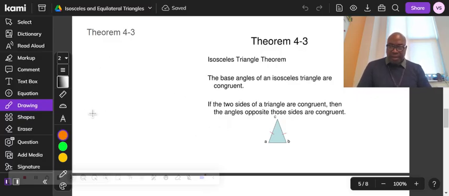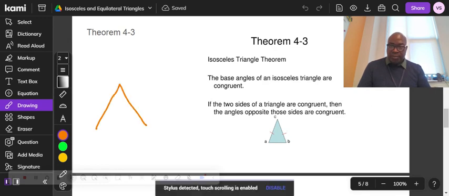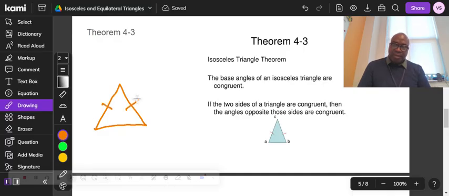So if I have a triangle like this, and I'm saying that this side and that side are equal, I'm also saying that this angle and that angle are going to be equal, because this here is your base, right? That's one leg and that's the other leg, right?